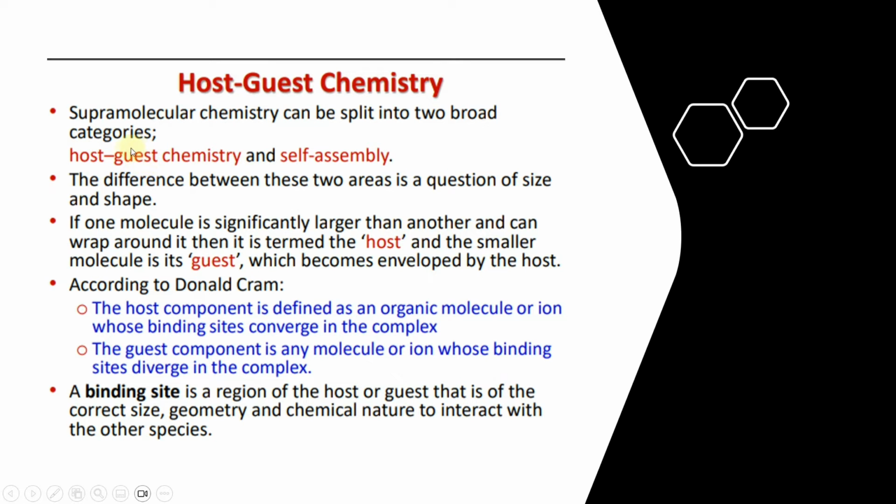When there is a difference between the size of host and guest molecule, then we say that it is host-guest chemistry, whereas when there is no difference, then it is known as self-assembly. If one molecule is significantly larger than another and can wrap around it, then it is termed as host. The molecule that is larger and can wrap around another molecule is known as host, and the smaller molecule is known as the guest.